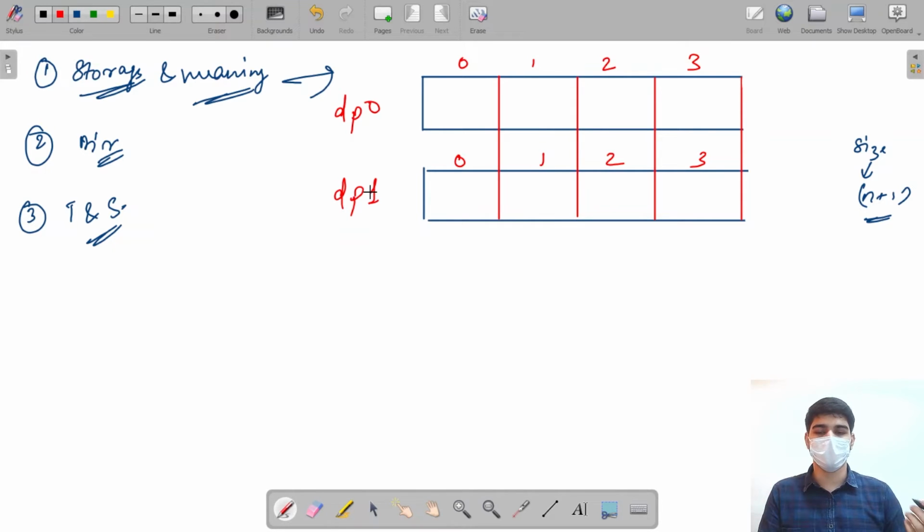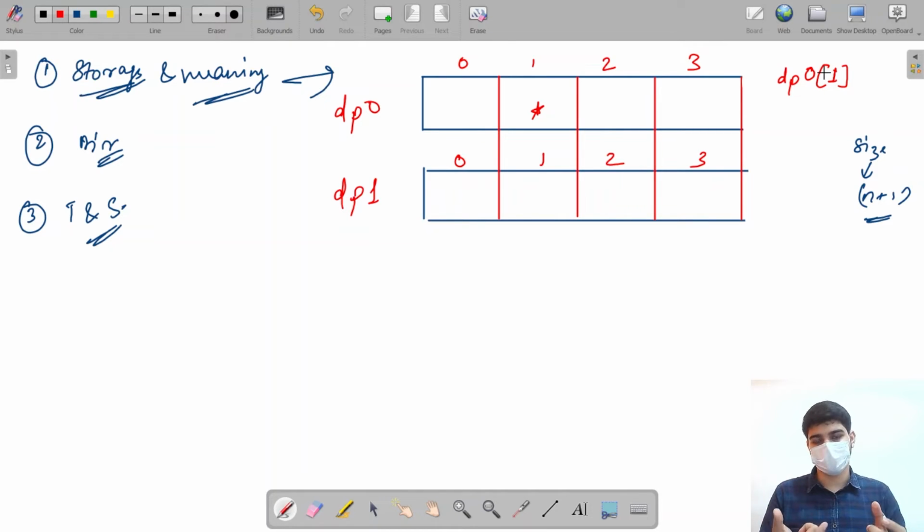Now what is the meaning of these storages? So in DP of 0 at index 1, what does this mean? DP of 0 at index 1 means the number of binary strings that are possible of length 1, such that there are no consecutive zeros.